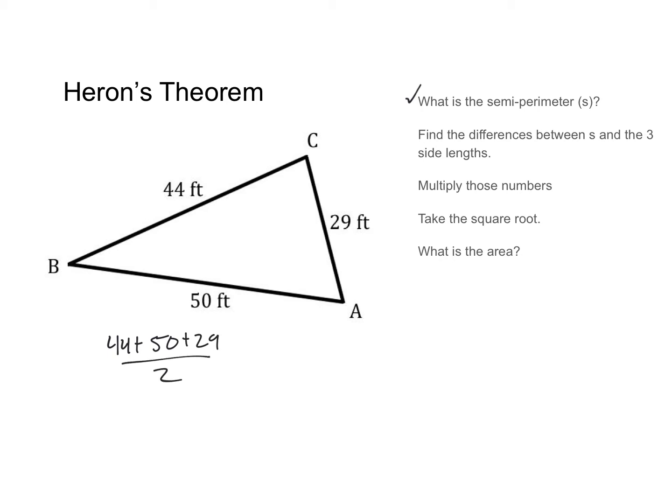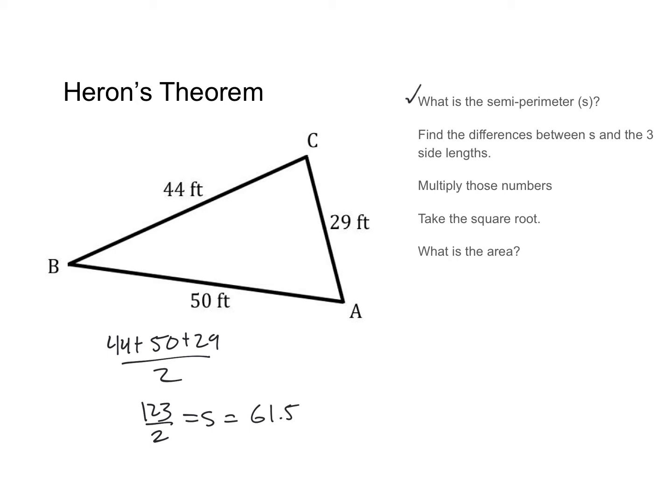I'm going to warn you right now, this is not going to be a pretty number, but we can still do it. So that's going to be 123 divided by 2, which is 61.5.